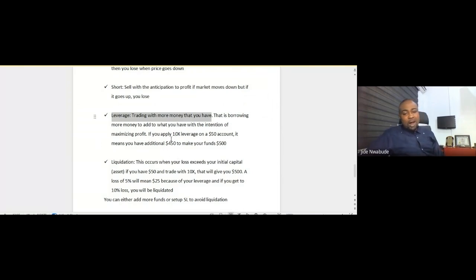Let's say you are using 10x as leverage. Let's say you have $50. Now, if you take 10x leverage, your $50 becomes $500. Whatever you have, you multiply it by the 10x. But remember, you have 50.